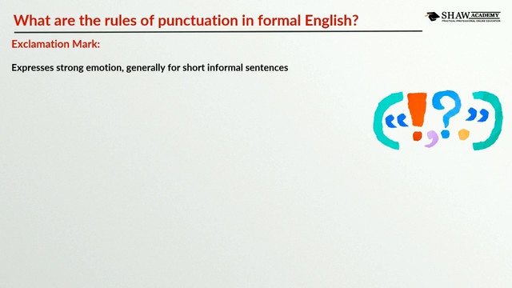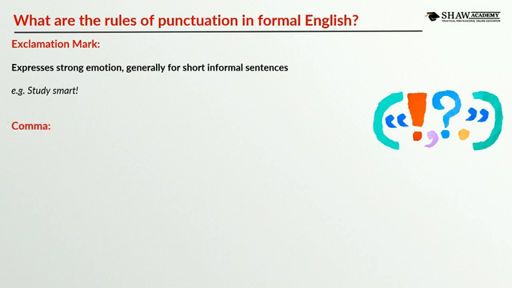And we use it to express strong emotion, and it's generally for short, informal sentences. For example, study smart, or congratulations, or something like that, a short, informal sentence. So, you don't need to worry about it very much for formal English writing because we would very rarely use it.